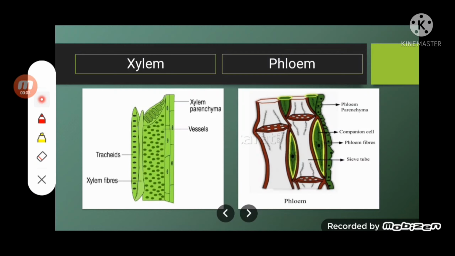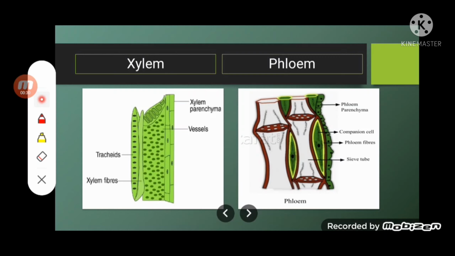Now let us have a look at the structure of the phloem. It consists of phloem parenchyma, companion cells, phloem fibers, and sieve tubes. Here sieve tubes are the main components of the phloem because they are associated with the conduction of food, meaning food formed as a result of photosynthesis in plants.